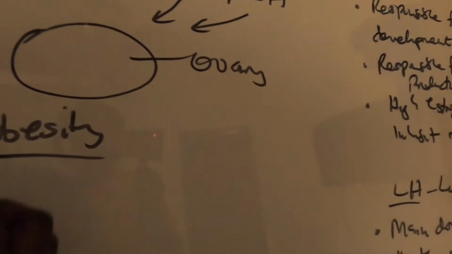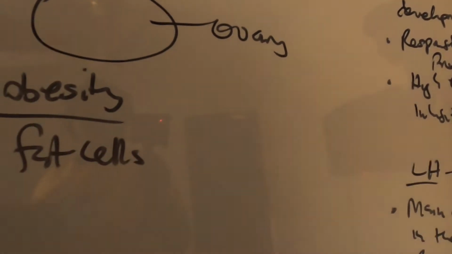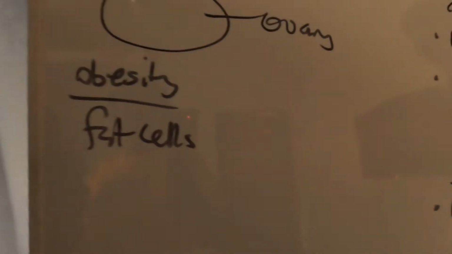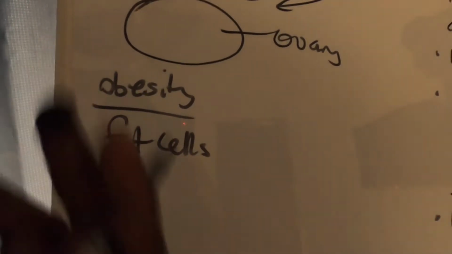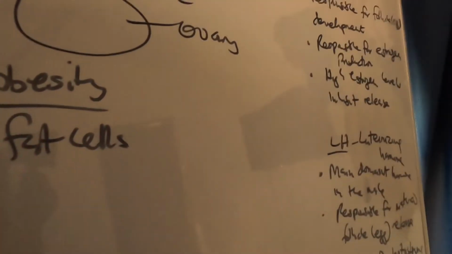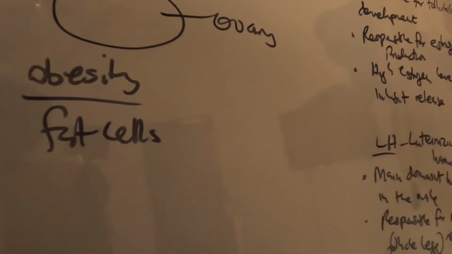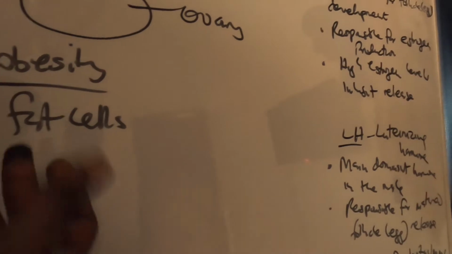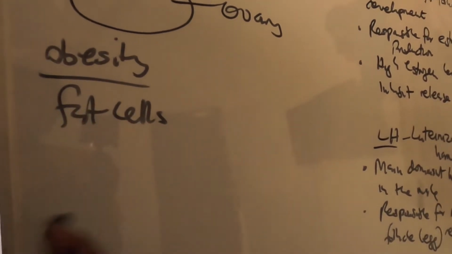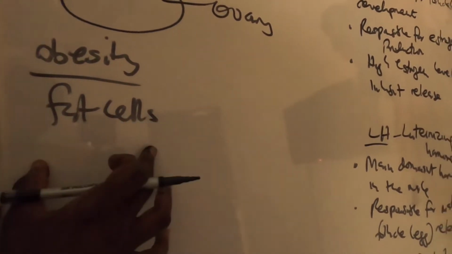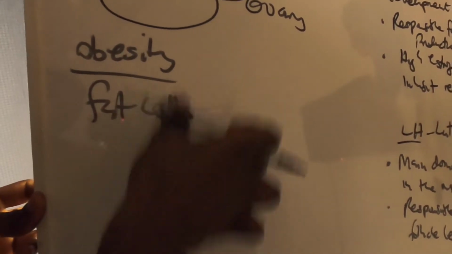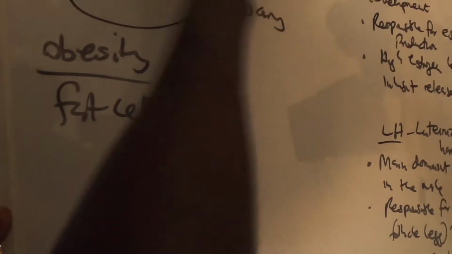Now, what happens is that your fat cells are also able to produce estrogens. So for someone who has obesity, we expect the fat cells to generate quite a lot of estrogens. And we have said that high estrogen levels inhibit the release of FSH. So once an obese person is producing a lot of estrogen from the fat cells, we expect these levels of estrogen to inhibit the release of FSH.